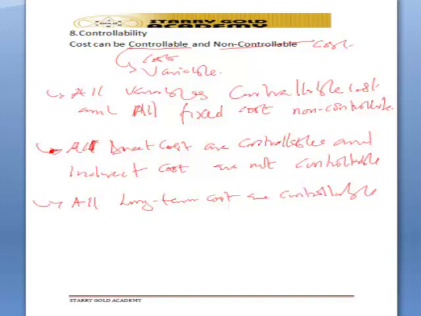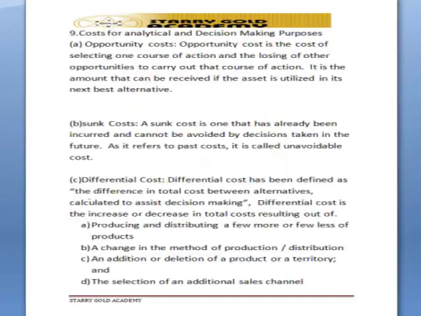Another form of classification of cost here is a classification based on analytical and decision-making purpose. You can classify costs based on analytical and decision-making purpose. Here we shall be looking at what we mean by opportunity cost. What is opportunity cost?